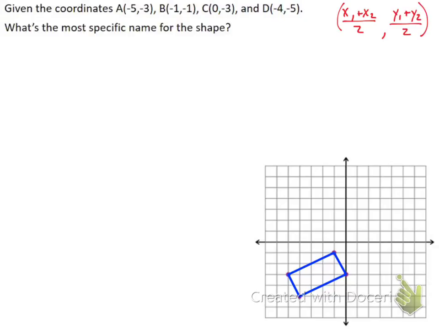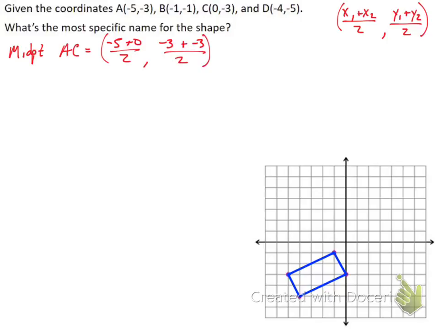So you just add the x's together and divide by 2. So to find the midpoint of AC, I'm going to do -5 plus 0 divided by 2, and then -3 plus -3 divided by 2.